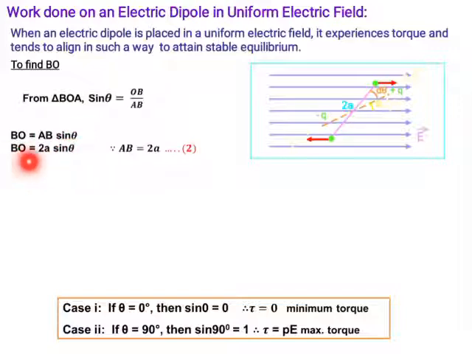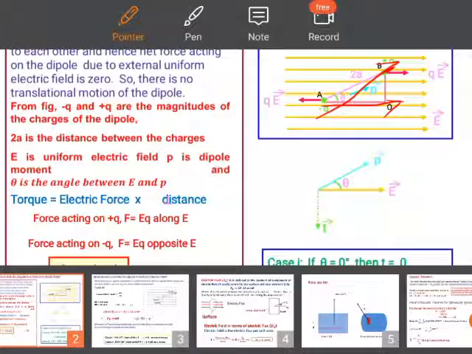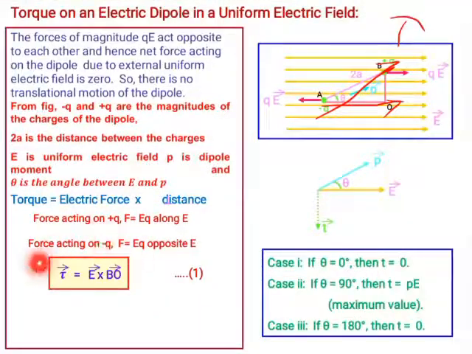Then BO is equal to 2A sin theta. Why 2A here instead of AB? Because AB is equal to 2A. AB is a dipole, and the dipole distance is 2A. This is equation number 2. Now suppose we substitute equation 2 in equation 1. Which one is equation number 1?